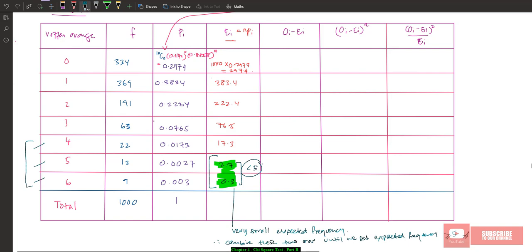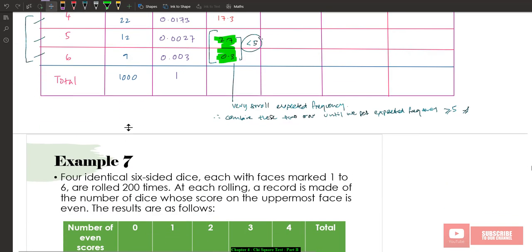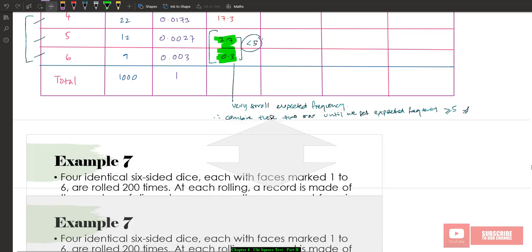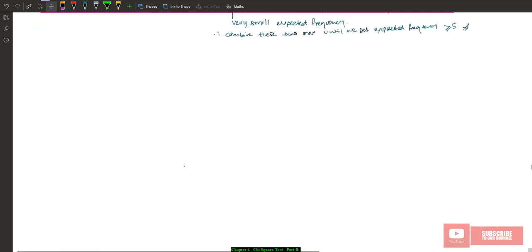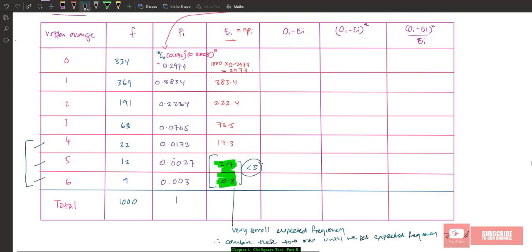So now let me do this one. Let me copy this table again, so we can see the difference.